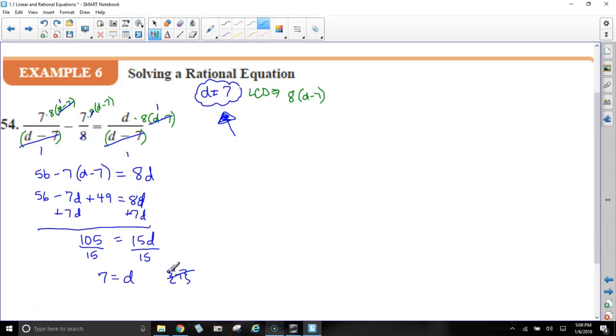Our answer is not 7. Our answer is actually no solution. Because that value of 7 we got, from legit math right here, would give us 0 in the denominator. So our answer is not 7. It's no solution, or the empty set.